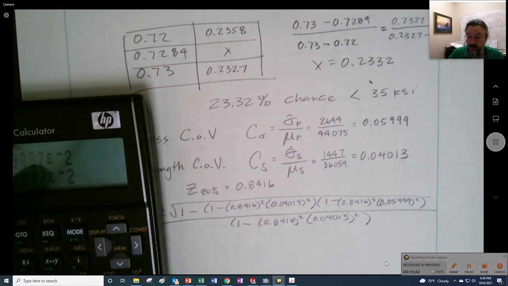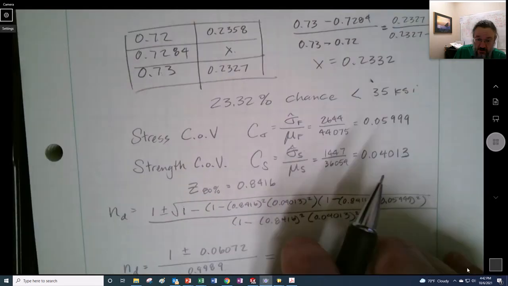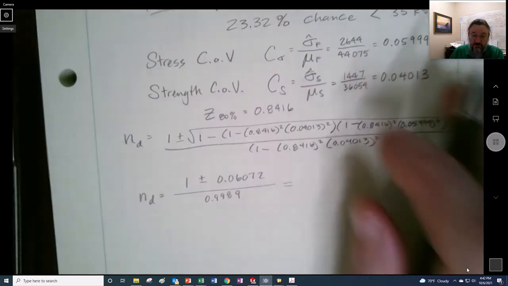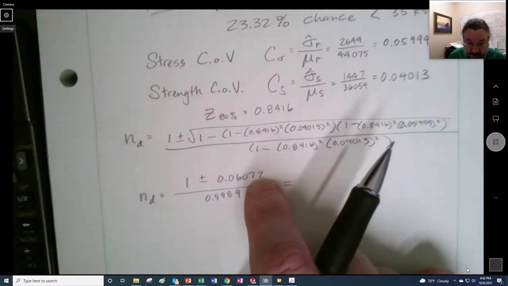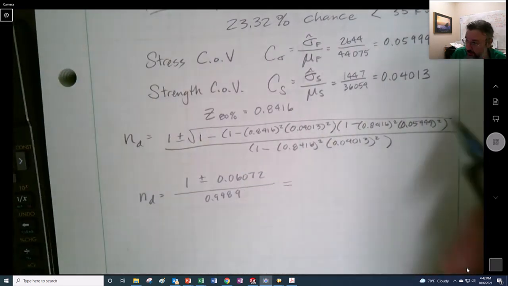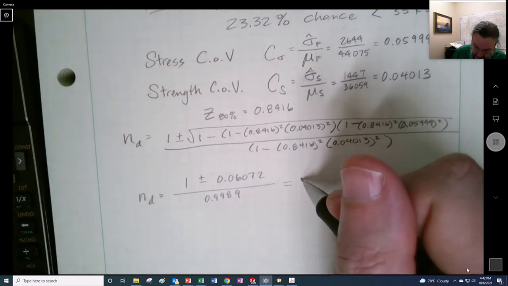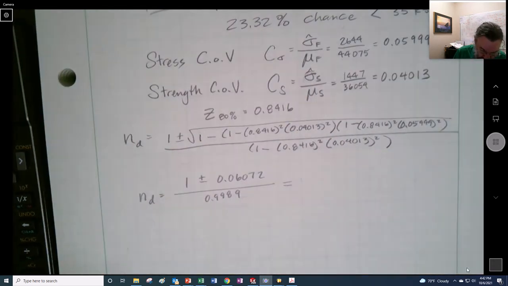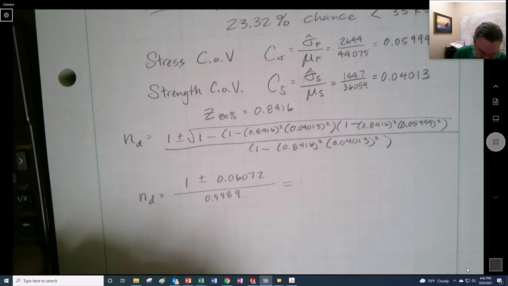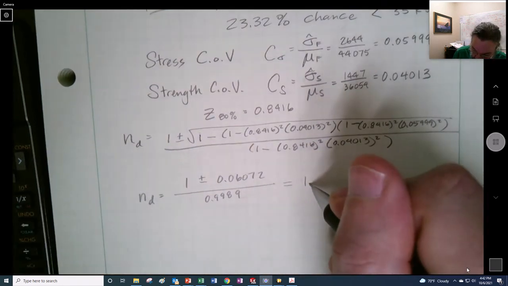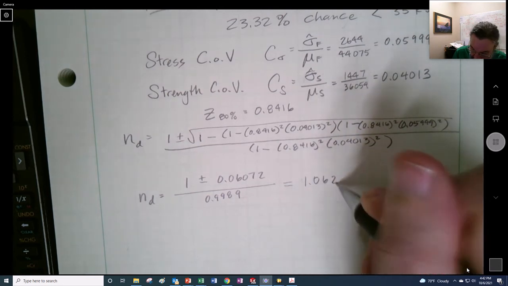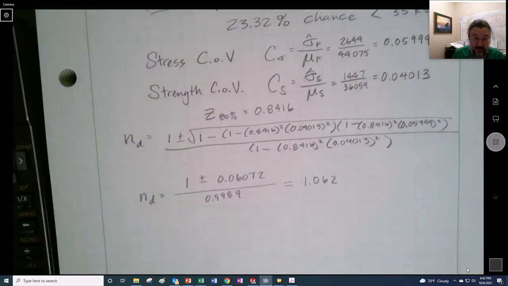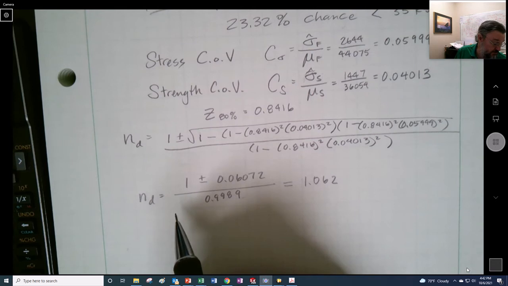Pause while I hit my calculator. All right, so what I end up getting is 1 plus or minus this right here, and that turns out to be 1.062. Not a very large design factor, but we're going to run with it anyway.